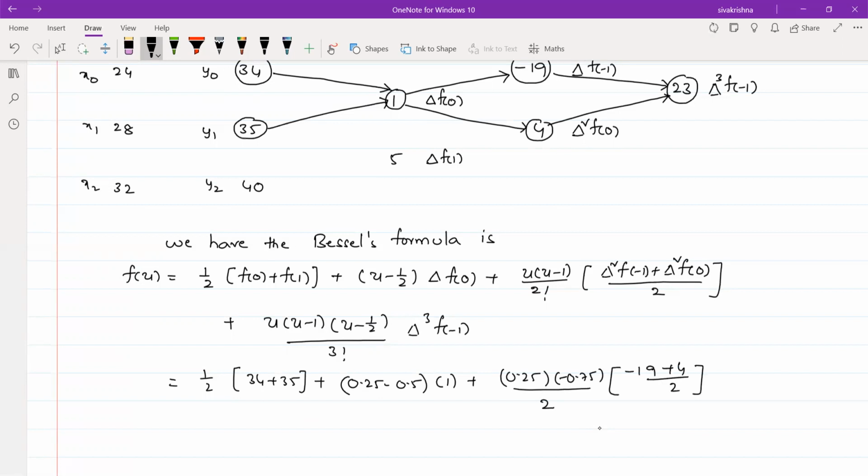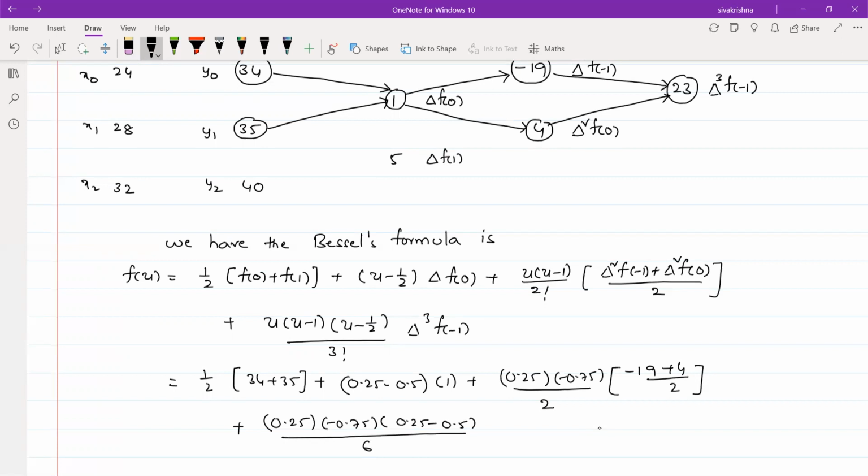Next, coming to the last term, that is plus u into 0.25 into, once again u minus 1 means minus 0.75, into u minus half, that is 0.25 minus 0.5, by 3 factorial. So 3 factorial is nothing but 6, into delta cube.